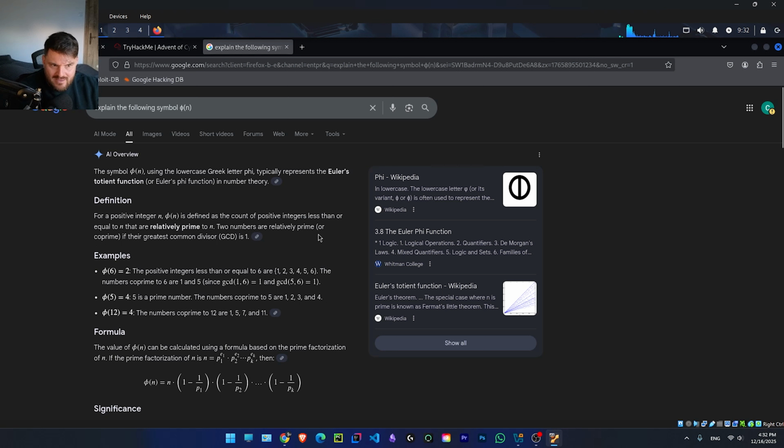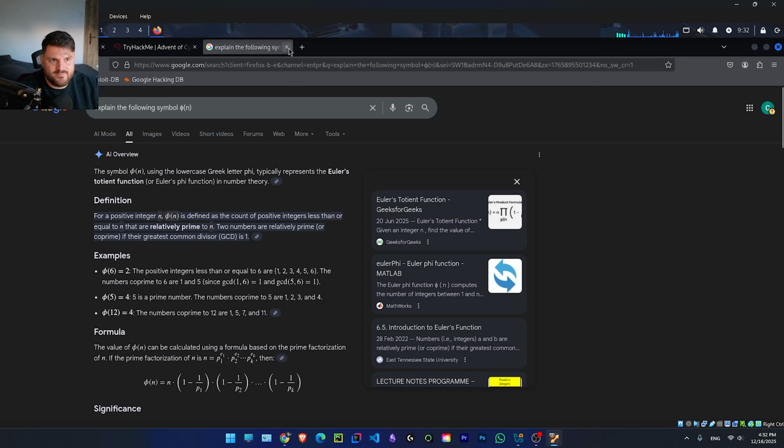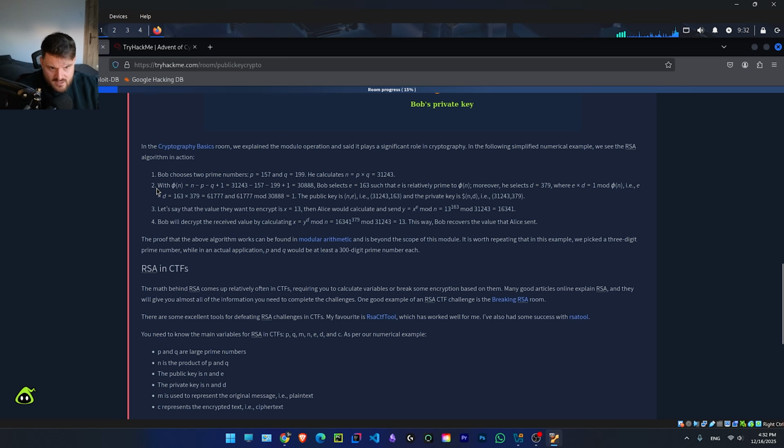Two numbers are relatively prime, or coprime, if their greatest common divisor, GCD, is 1. Going back here, phi(n) equals n minus p minus q plus 1. And we have that big number, minus 157 minus 199 plus 1.